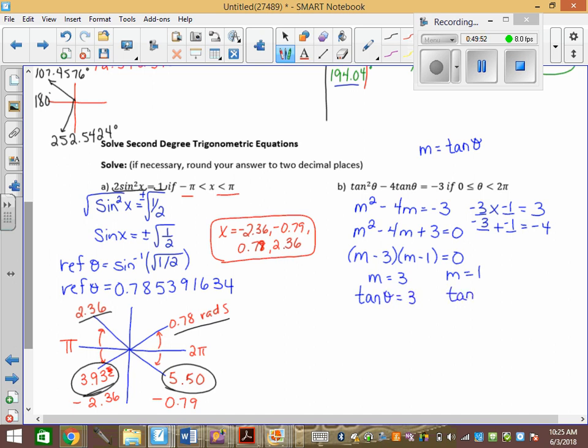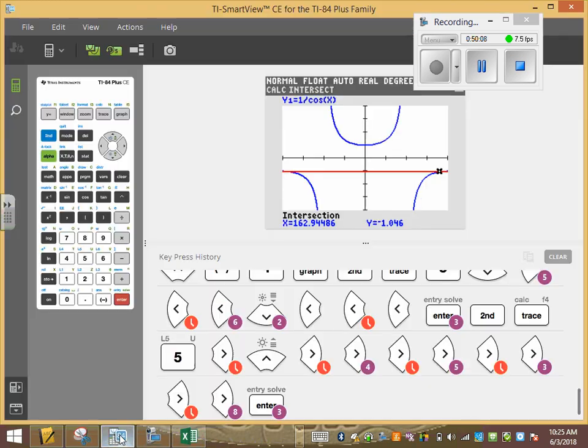Now cos and sine max out at 1 and negative 1. So if it was sine theta equals 3, I would say no answer. Or cos theta equals 3, I'd say no answer. But tan theta looks like this.